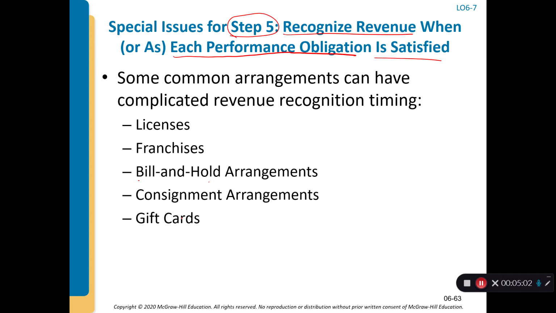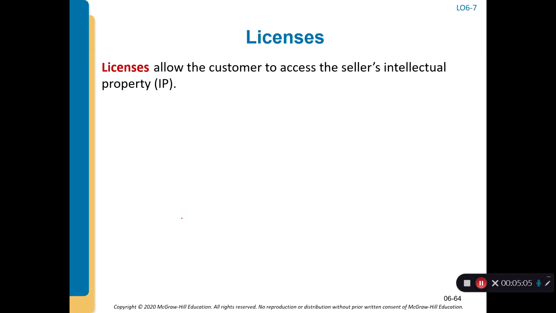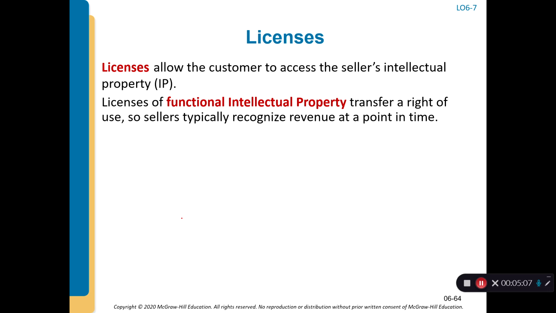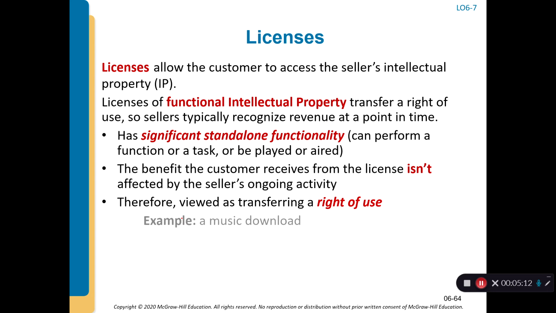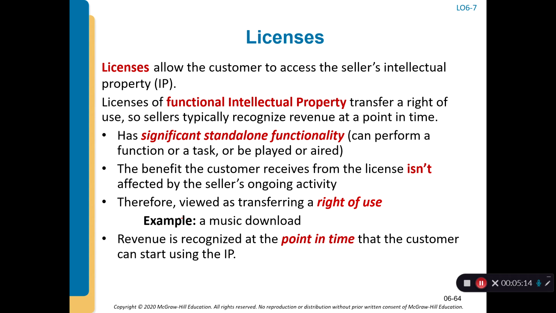In terms of licenses, there is a difference between a functional license and a symbolic license. First of all, a license allows the customer to access the seller's intellectual property, right? The first kind we call functional intellectual property.